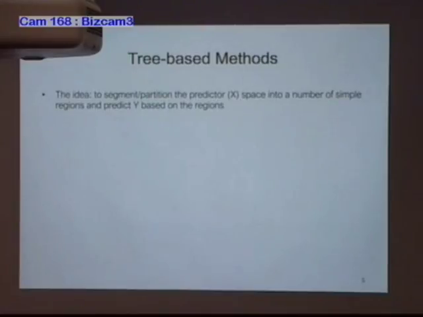Therefore, once you have such a grouping mechanism, if you can cut the data set into multiple groups, within each group they are very similar in their y. And that gives you a lot of information. In the future, when you need to predict, you basically place that particular data point into a particular group. If you are able to put it in a group, you know all these groups have similar y's. So the prediction becomes pretty easy. Right? But that's the idea.